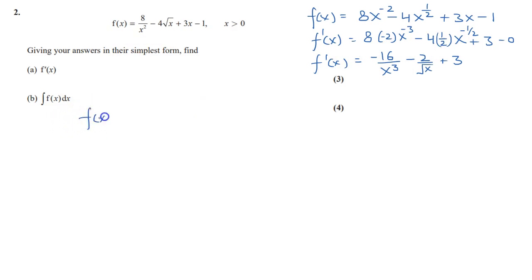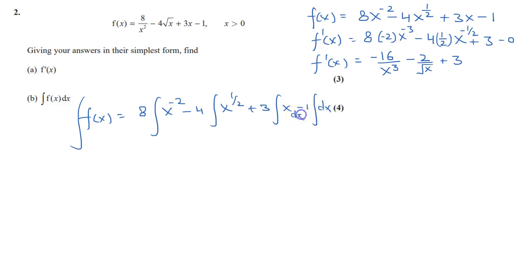We have f(x) is equal to 8. Now we do the integration. 8 x to the power minus 2 minus 4 integration x to the power half plus 3x minus 1, all dx.